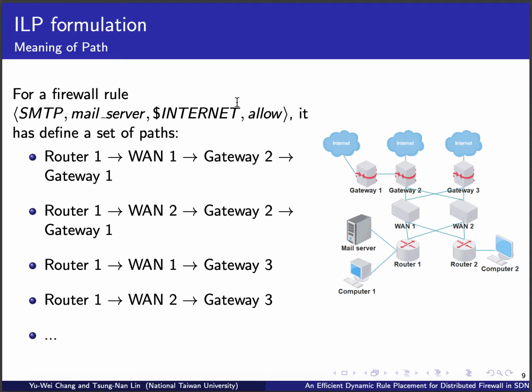And this firewall rule has defined paths inside an intranet, for example, as shown on the right, with router 1, WAN 1, gateway 2, gateway 1, and router 1, WAN 2, gateway 2, gateway 1, and router 1, WAN 1, gateway 3, router 1, WAN 2, gateway 3, etc. So the path defined by a firewall rule is all the possible paths from the source that the packet will pass through from the source to the destination.